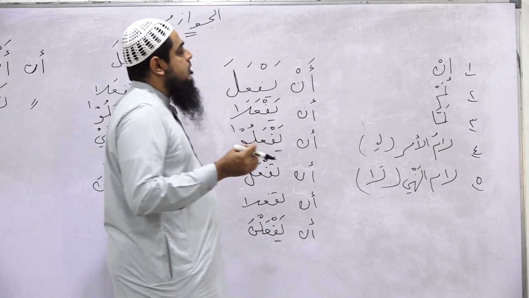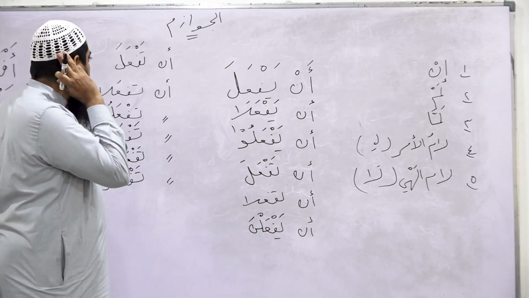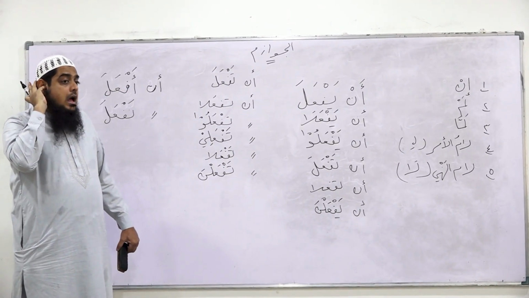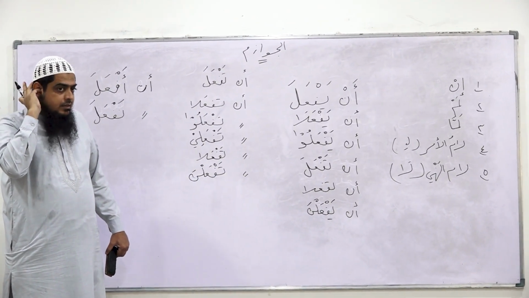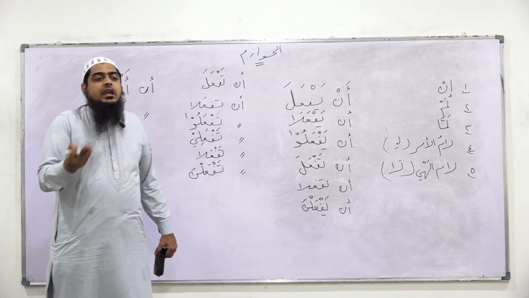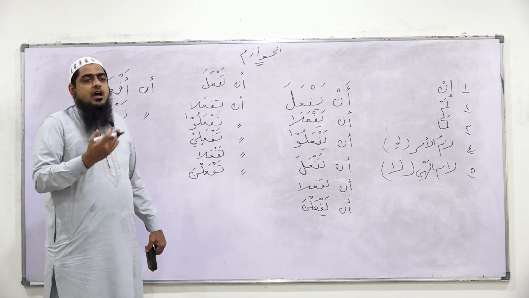First note it down: in, lam, lamma, lam al-amr, lam al-nahi. Again, each one of these huruf has its meanings and usages. When you should use in, when you should use lam, these are related to nahu.